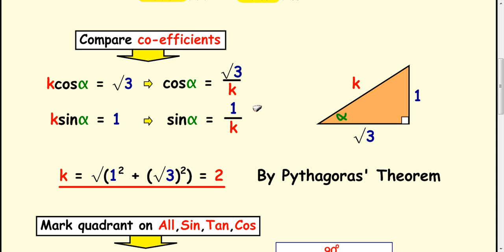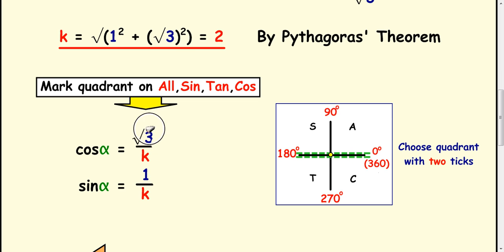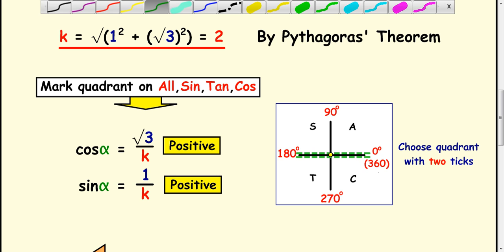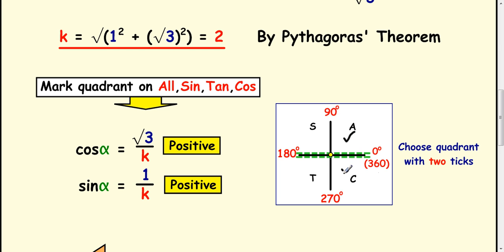So same as before, I'll repeat this down here. Now, in this case, both are positive. So we tick where cos is positive, and that's A and C, and sine's positive, and A and S. So we're looking at a first quadrant answer here.